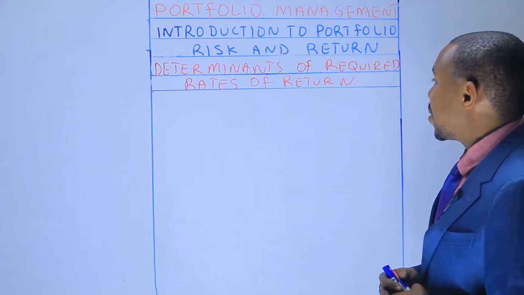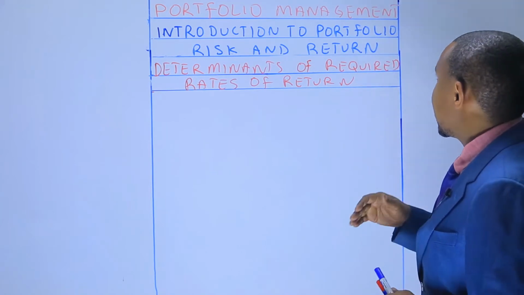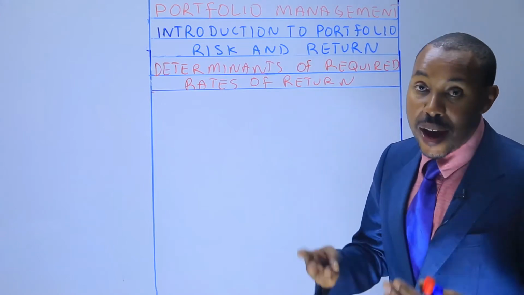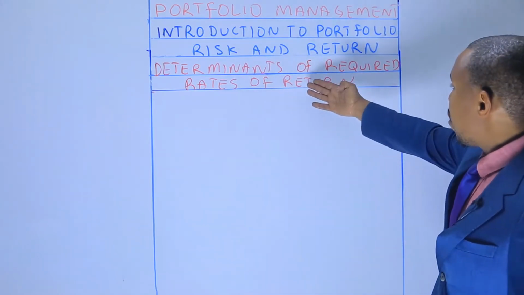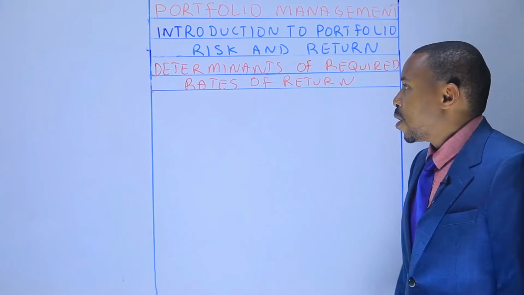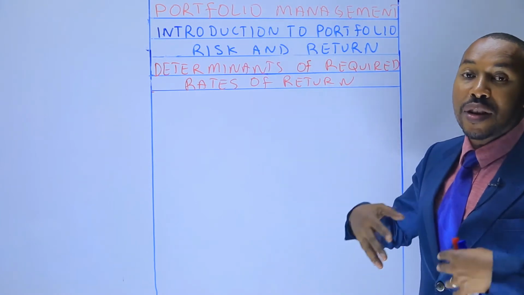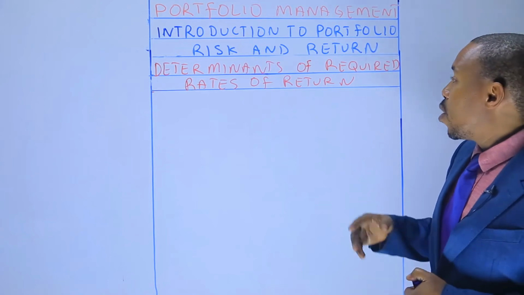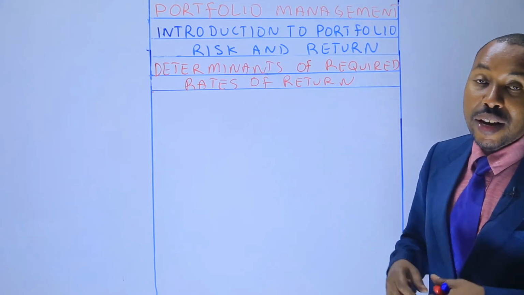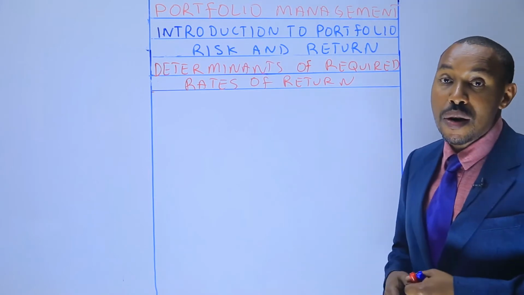The second determinant of the rate of return is expected level of inflation. The third and final determinant of required rate of return is the risk itself. So we are going to break down or try to understand how those factors influence the required rate of return and also investment decisions for investors.